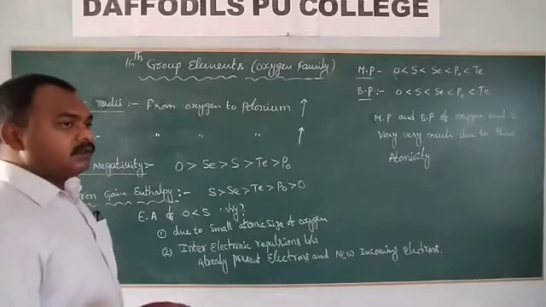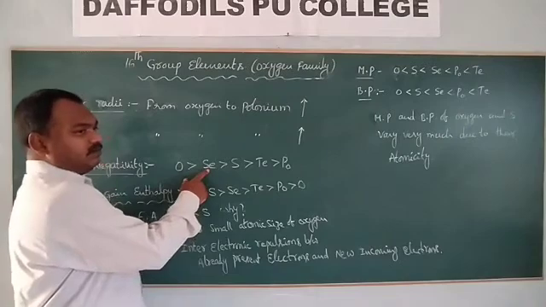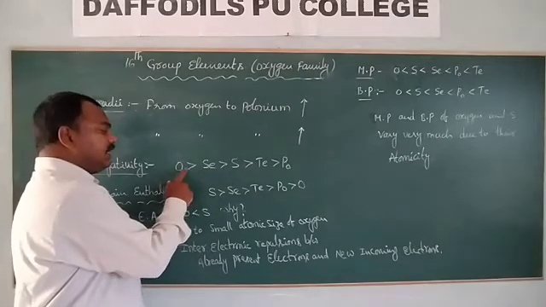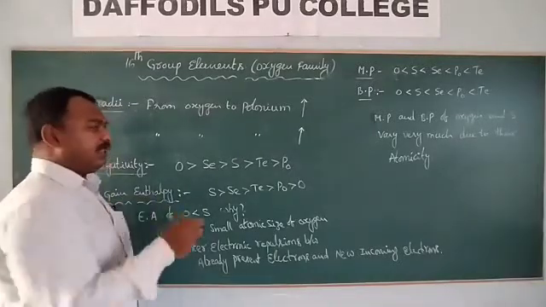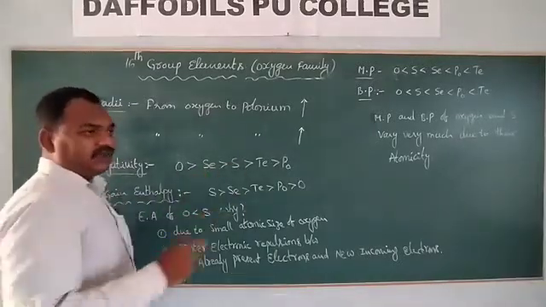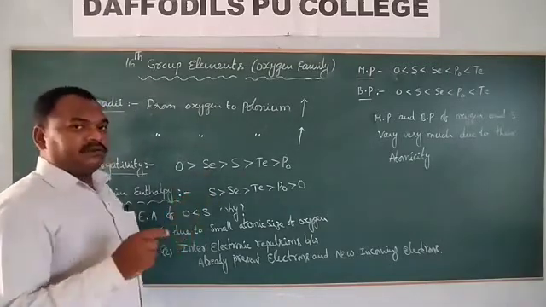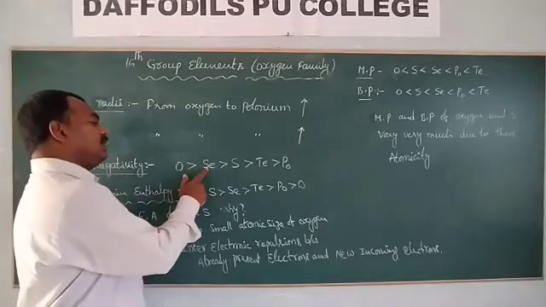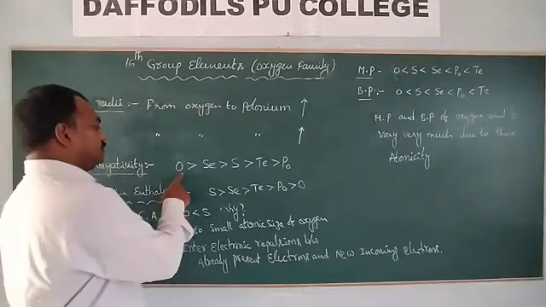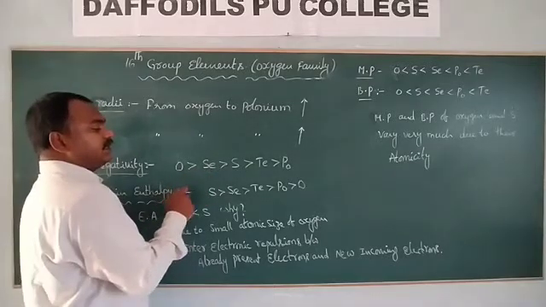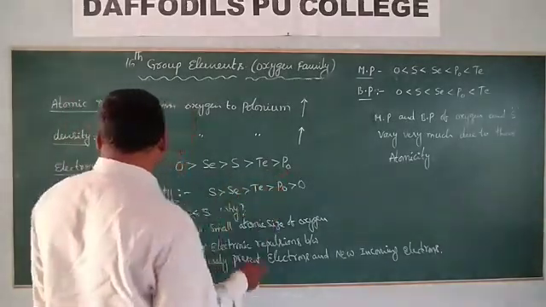After that, this place is occupied by sulfur, but selenium electronegativity is somewhat higher than sulfur. There is not much difference between sulfur and selenium electronegativities. When numbers are seen, selenium electronegativity is somewhat greater than sulfur. So oxygen greater than selenium greater than sulfur, after that tellurium, after that polonium.